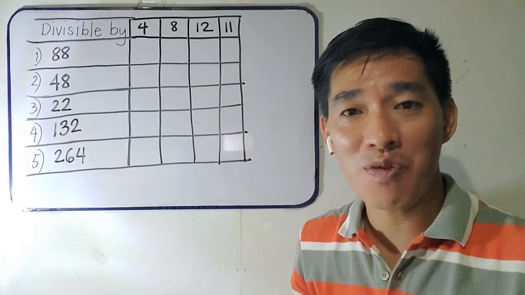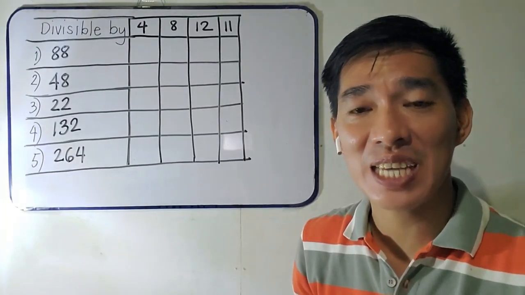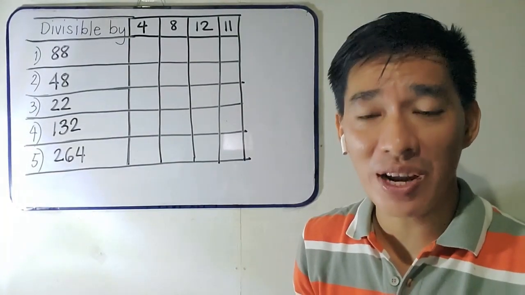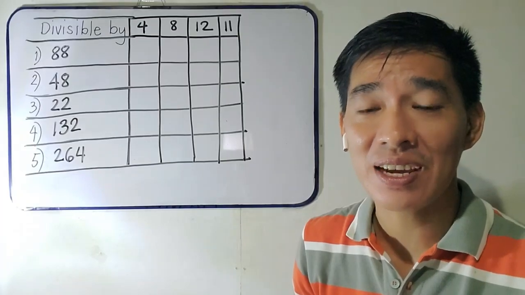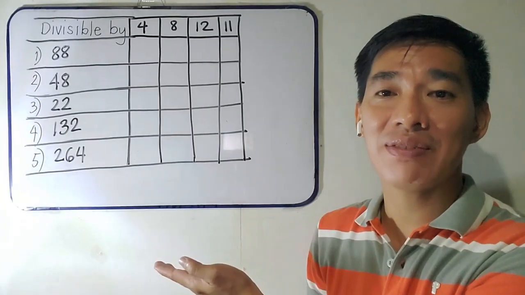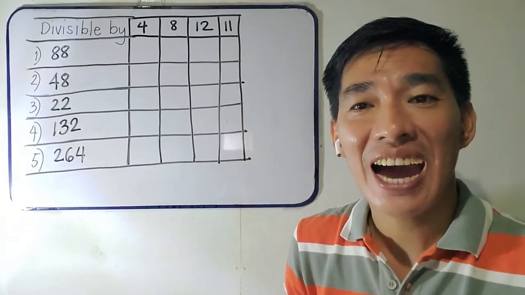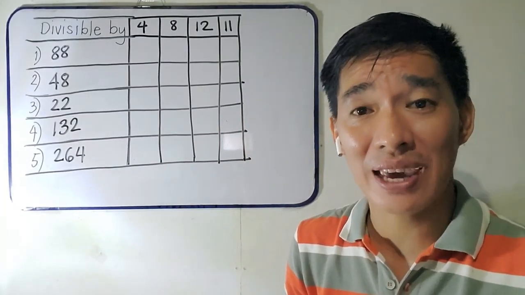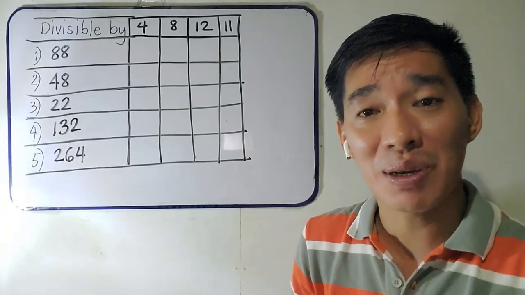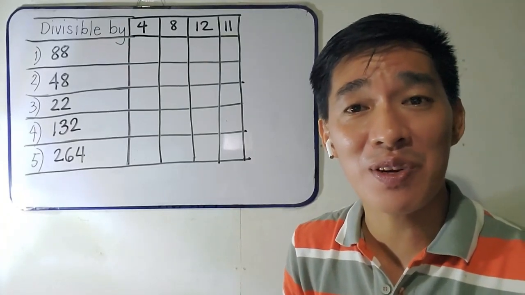Good job for our first activity, and now this time, to check how ready you are for our next lesson, let us answer the activity posted here in my mahiwagang whiteboard. Of course, I want you to get your notebook and answer this activity, but before that, allow me to read to you first the direction.